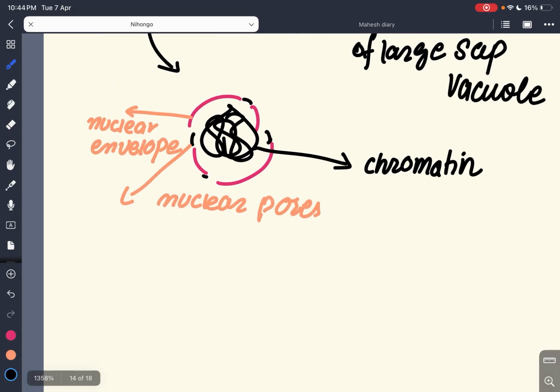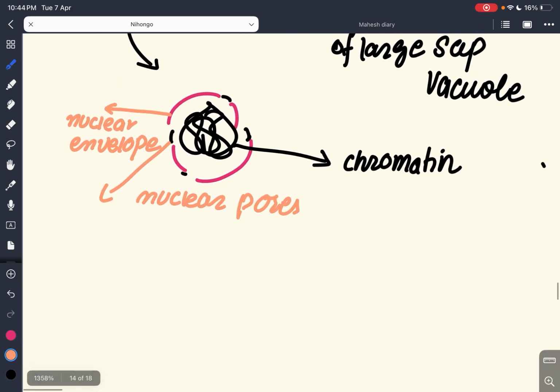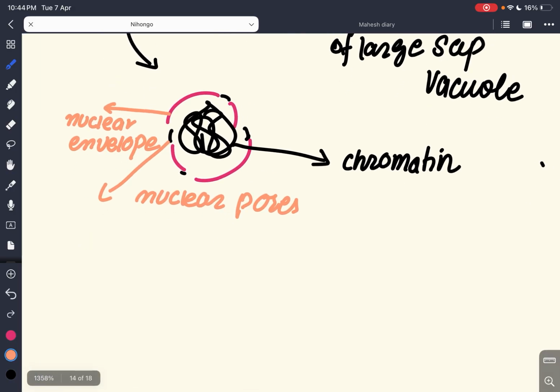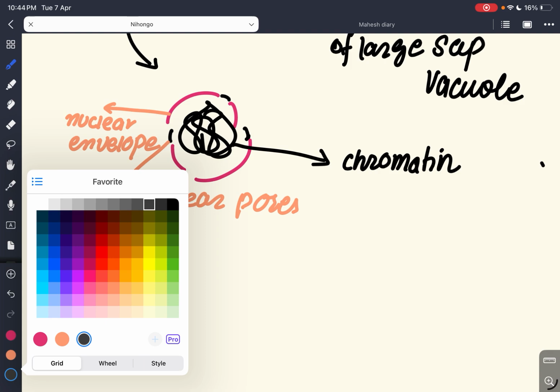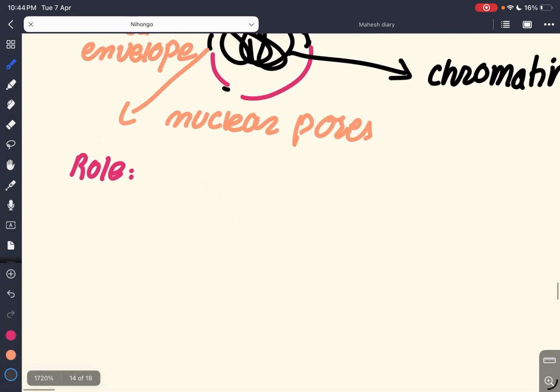What is the role of the nucleus? Now that you know the positions, let's come to the function. The function of the nucleus is that it has information. What kind of information?